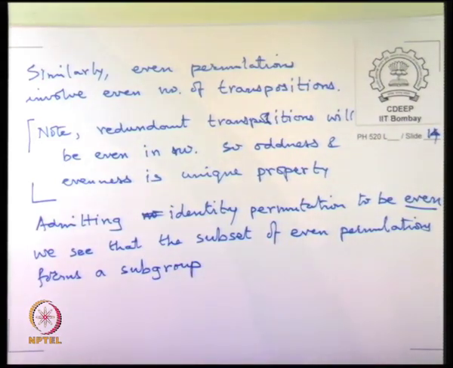Right, because the product of two even permutations is always even, as you can check because the number of transpositions involved remains even. But the product of two odd permutations becomes even because odd plus odd is an even number, and therefore the product of two odd permutations does not generate an odd permutation, but the product of two even permutations does, and we include identity in that list. So then the even permutations generate a subgroup.